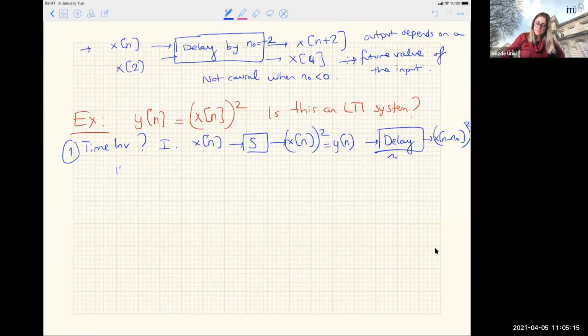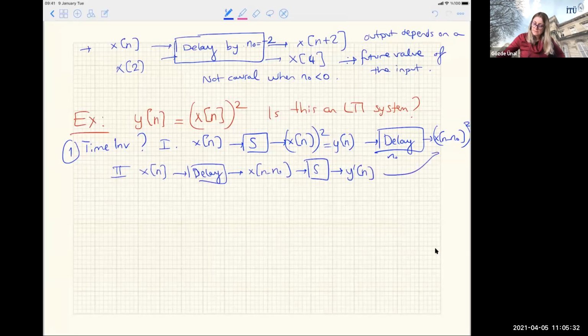The second path here was the delayed input first. x of n minus n0 now goes through the system, right? And it's going to be equal, of course. So here, this is, let's say, y prime of n, or let's make it something else, maybe w of n. They are equal, right?